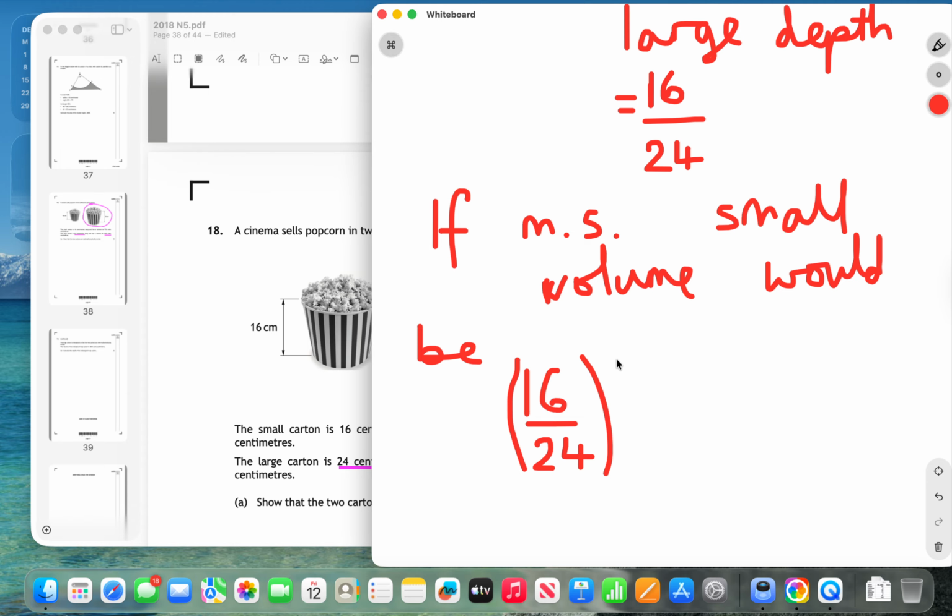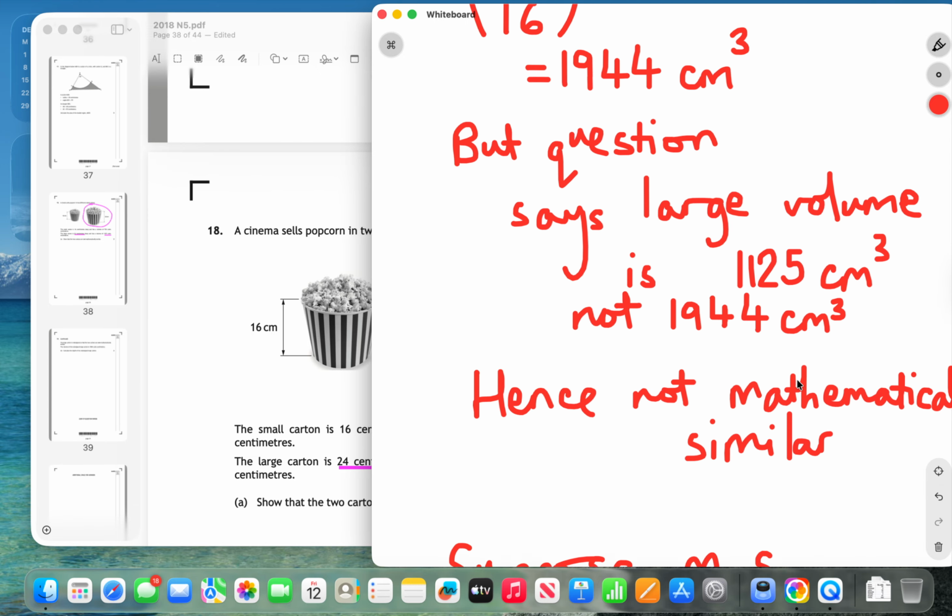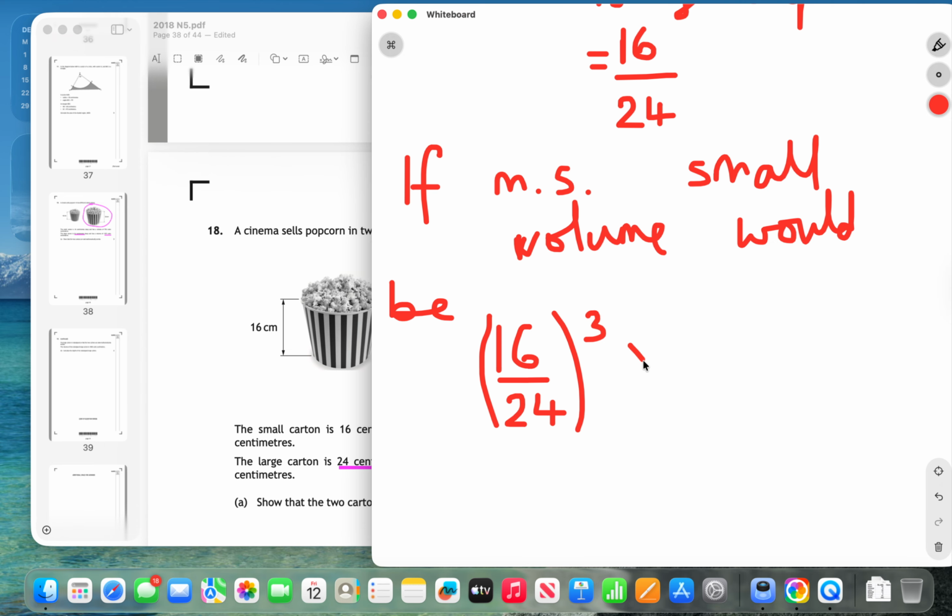And we then multiply this by the volume of the large one, because the volume of the large one is fixed. That's what we do know, and we're using that information to find the small volume. Again, you plug this into the calculator. And what you get is 333.33, and the units are centimeters cubed.